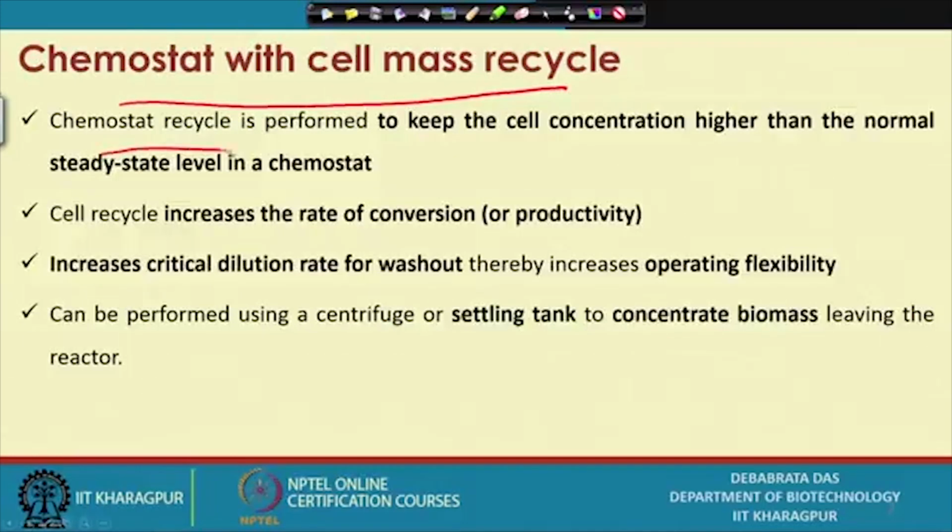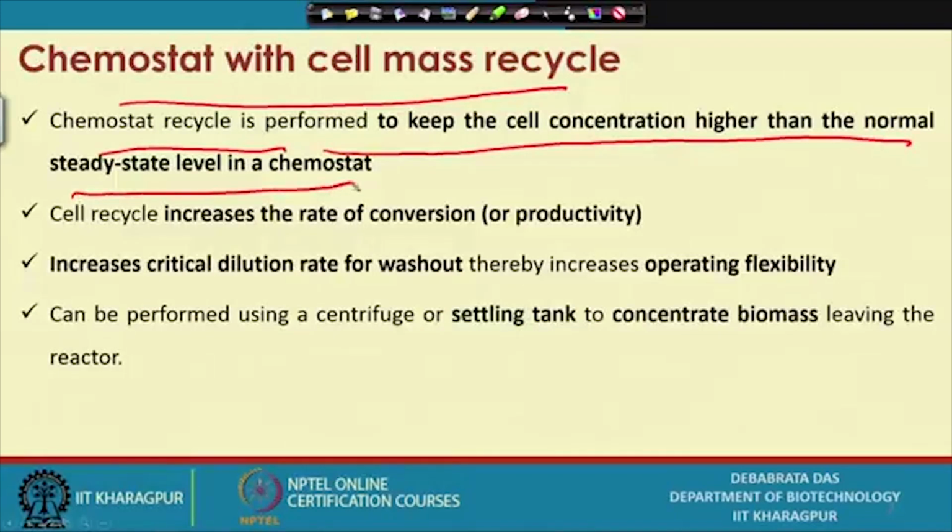Chemostat recycling is performed to keep the cell concentration higher than the normal steady state level in a chemostat. We recycle in such a manner that the cell mass concentration remains constant, higher than normal, so that we ensure the rate of reaction is constant, or more than what we desire.